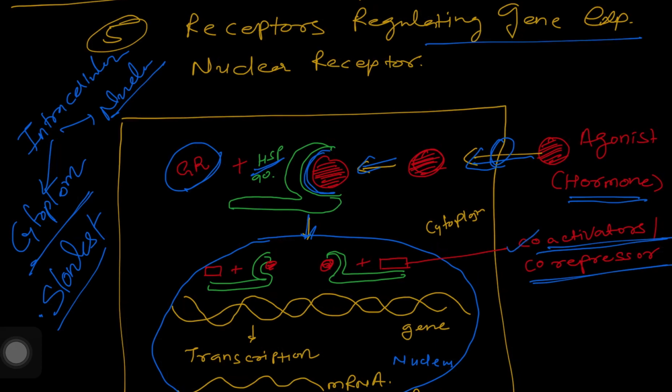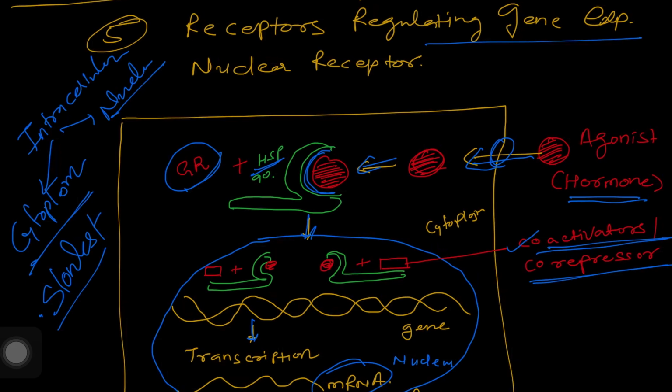So if co-activators get activated, the transcription process gets activated, mRNA is formed, and the particular messenger RNA which is formed helps in protein synthesis, and eventually there is a response, which is modification of cellular functions. So this is how this intracellular signaling receptor works.